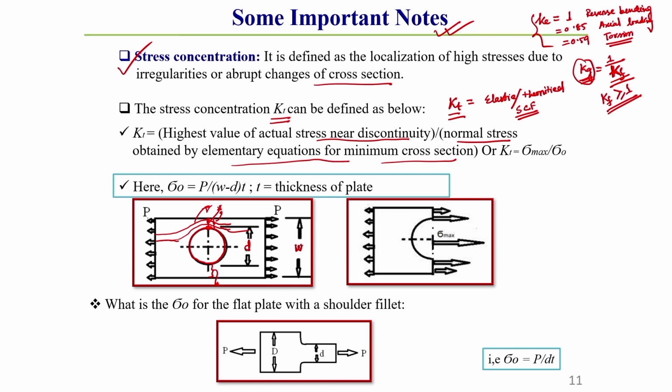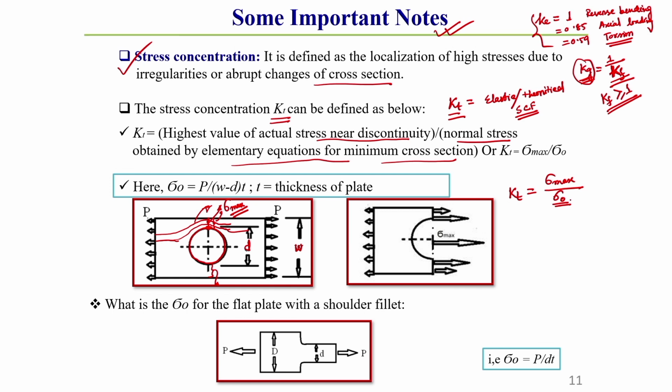That is generally sigma max, which you can write. So this sigma max is the stress near the discontinuity. So what does the theoretical stress concentration factor tell? It is sigma max divided by the nominal stress.